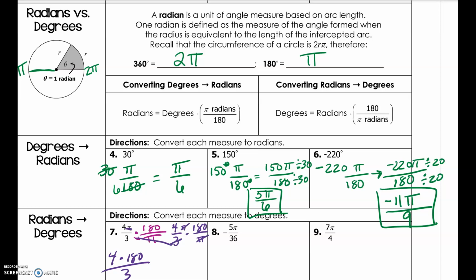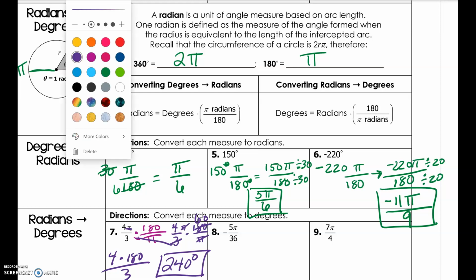And if we take and divide 180 by 3, we'll get the number 60. 4 times 60 is 240 degrees. So if you want to go the route of reducing your fraction first, simplifying, and then multiplying, you can do this. Or you can just multiply it together and everything works out.